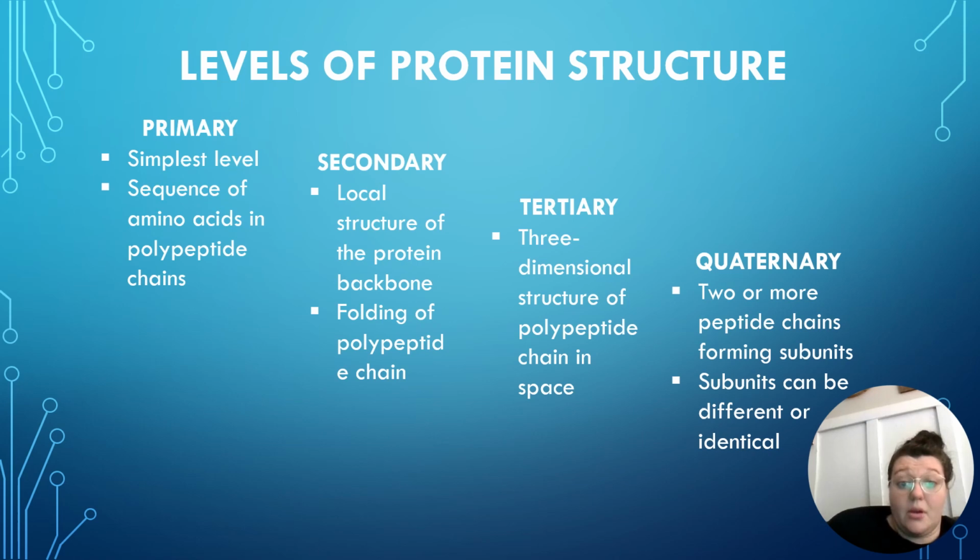Tertiary, this is a three-dimensional structure of a polypeptide chain in space. The quaternary, 2 or more peptide chains forming subunits. Subunits can be different or identical. So those are your structures of your protein levels, primary being the simplest, quaternary being the more complex.